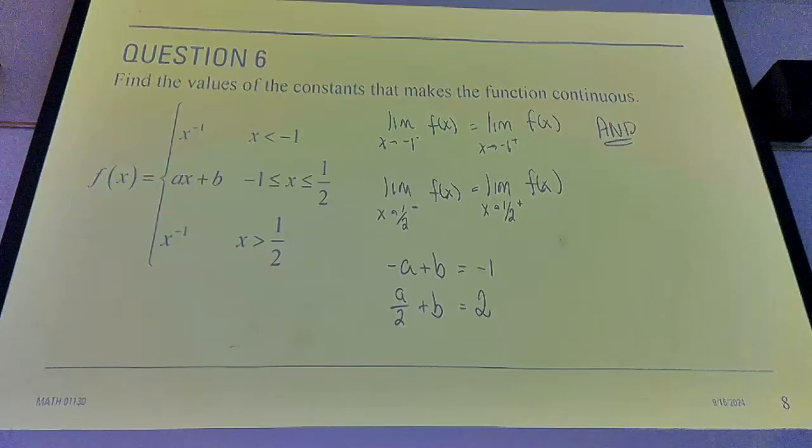A plus a over 2, right, negative b plus b is 0, equals 1 plus 2. What's a? A would have to be 2.